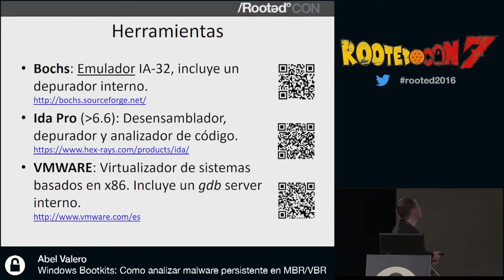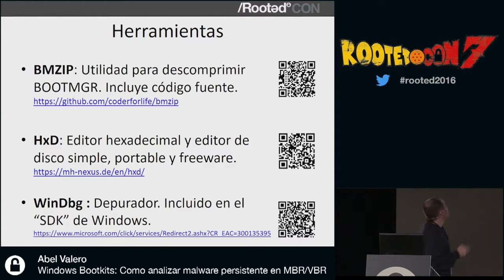So what we're interested in is a system where we have a box with a VMware image and a system that has started already. We will have to access system files and read the boot manager, for example, which comes compressed. We have the 16 and the 32 bit executables, depending on the version of Windows.